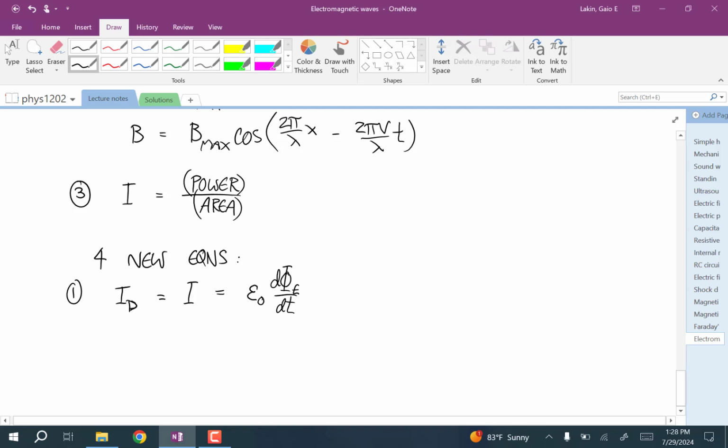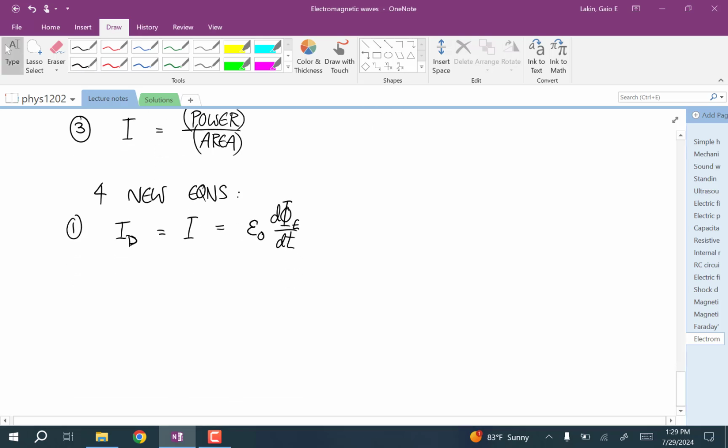Okay, so there's a problem that I will assign today, where it asks you to calculate the time rate of change, this derivative with respect to time of this electric flux. Well, the way to do that is going to be to use this equation. You know from the current going to the capacitor what the displacement current is, and then just do the algebra to calculate that derivative.